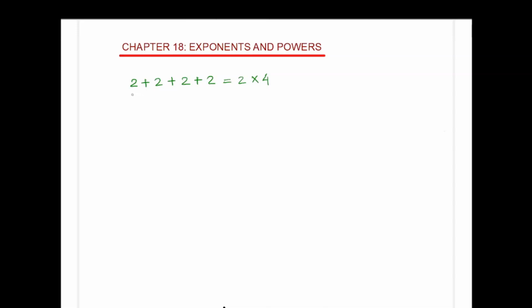Now see, 2 is added how many times? 4 times. And we know that multiplication is the shortest form of addition. So in a shortcut way we can get the answer 8. It will save time also.